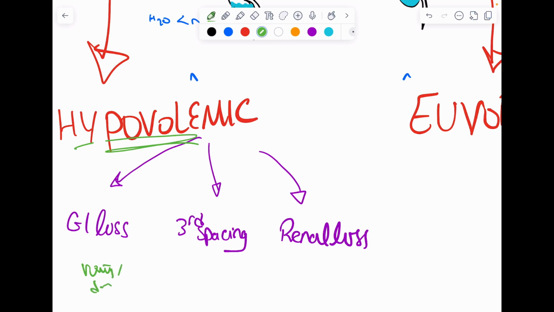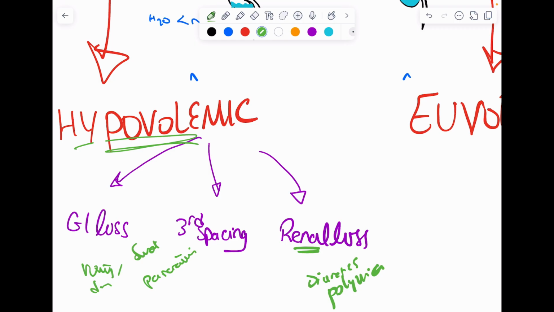Vomiting or diarrhea, or sweat, or third spacing in pancreatitis. All these conditions result in loss of so much more sodium than water. So in the end, you get hyponatremia. Or it could also be renal loss in diuretics, for example, or polyuria. Here, this patient is losing sodium in their urine.